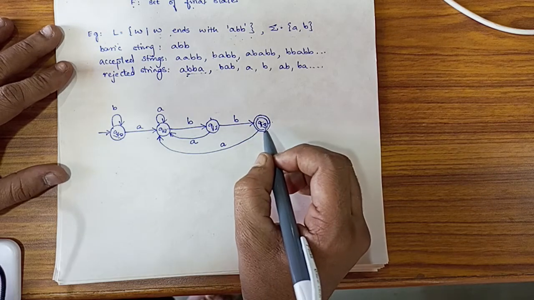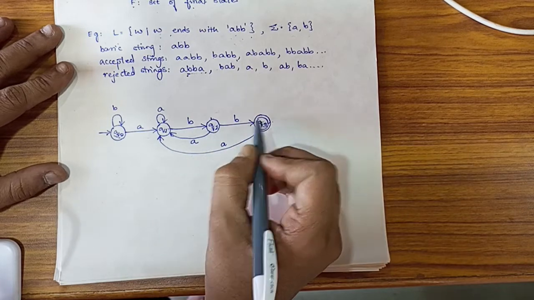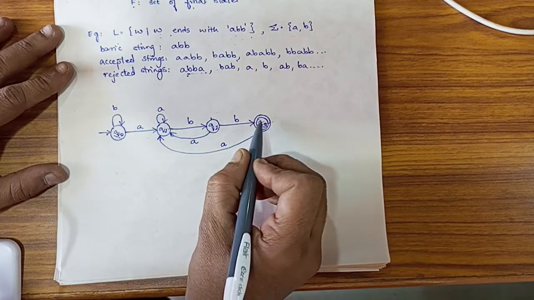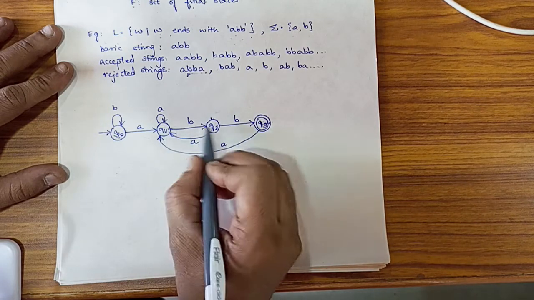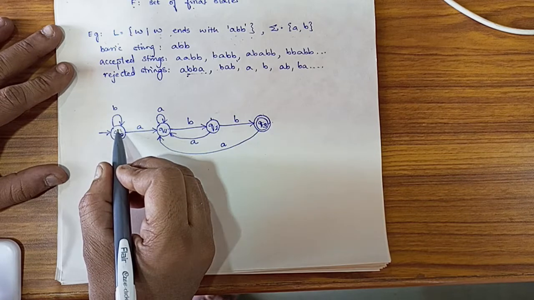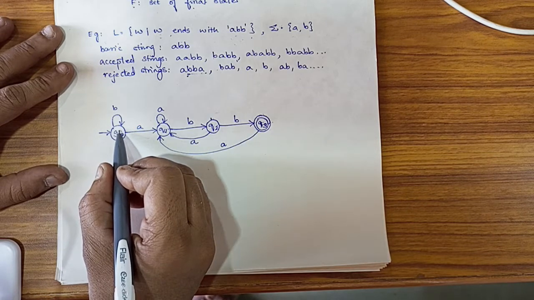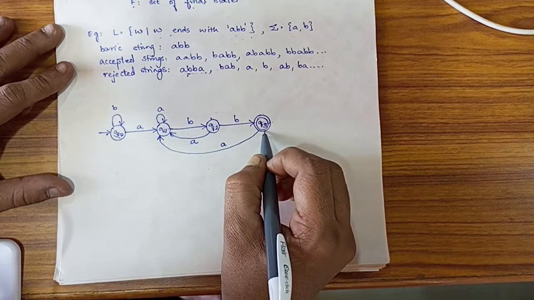Now if I get a B in Q3 state, I cannot give a self loop. I cannot come here. If I come here, you will be accepting BB. If I come here, then to reach the final state, I will again need A, B, B. Correct? This is the only option I have.